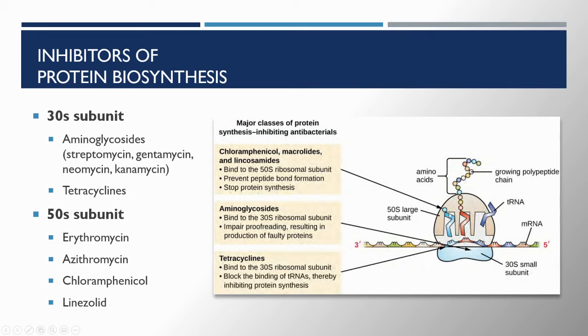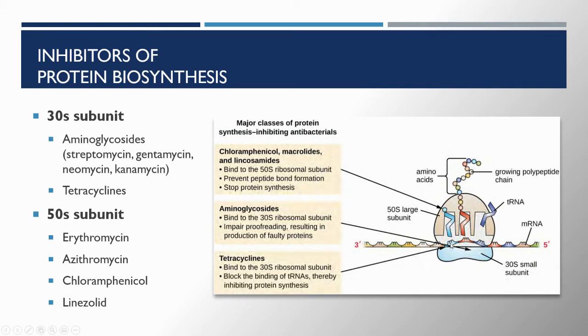I usually draw it the reverse way, where the tRNA comes in, attaches with its amino acid, moves to the P site, where a peptide bond is formed between these two amino acids, and then the E, the exit site, where the transfer RNA leaves, leaving behind this growing polypeptide chain. So here our ribosome is moving this way to the left, reading this messenger RNA, the codons.